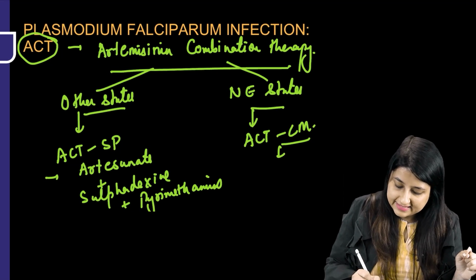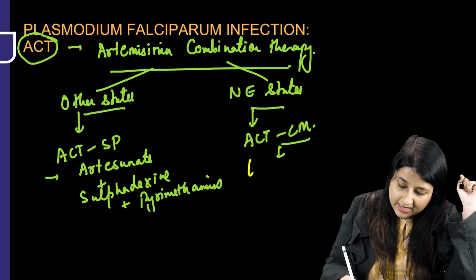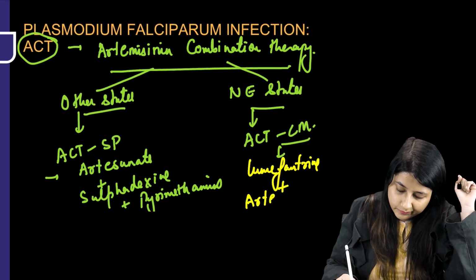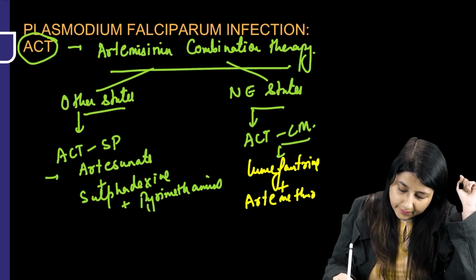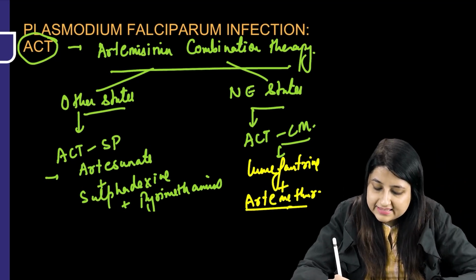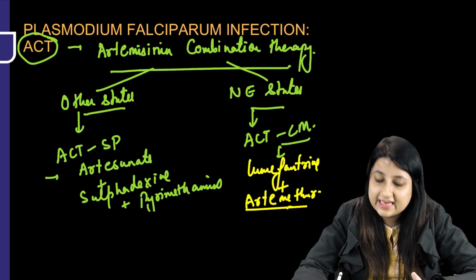And what is ACT-LM? It's the same thing, but in ACT-LM you have lumefantrine plus artemether. So in northeast states it is ACT-LM and in other states it is ACT-SP.